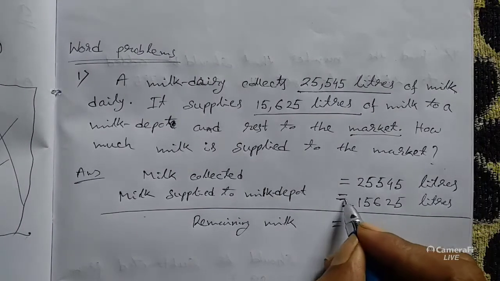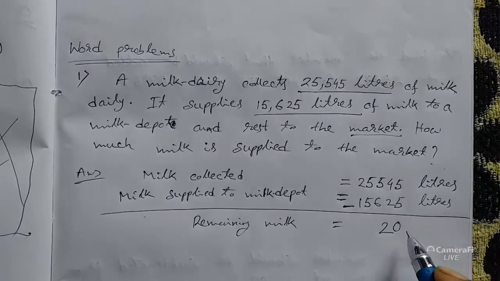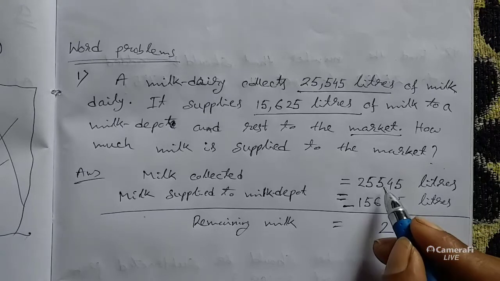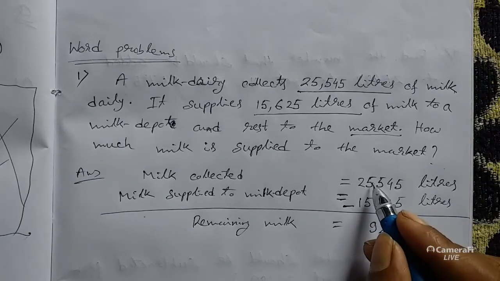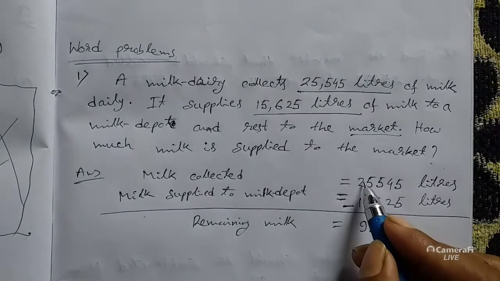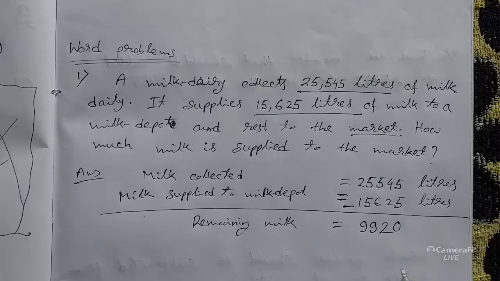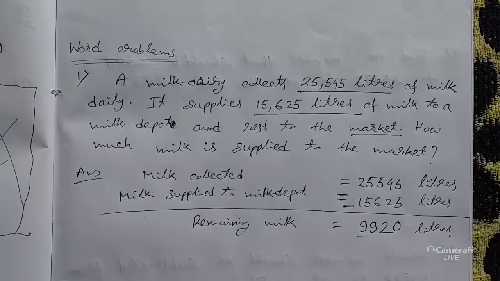Let us subtract: 5 minus 5, 0. 4 minus 2, 2. 5 minus 6, that is 15 minus 6, 9. One borrowed from here, so it becomes 4, 14 minus 5, 9. Again one borrowed from here, so 1 minus 1, 0. 9,920 liters. This milk remains.